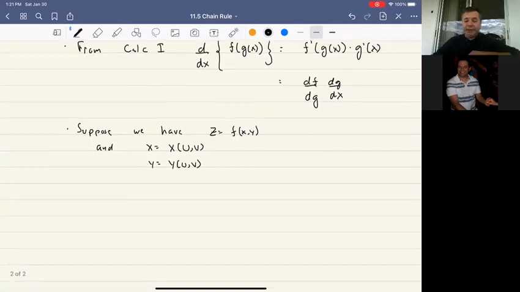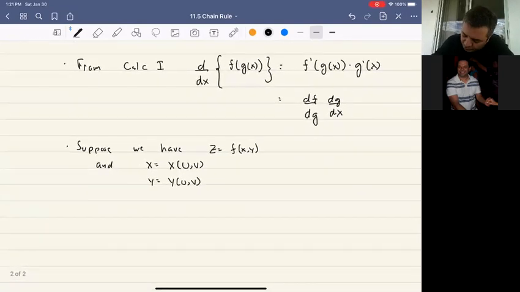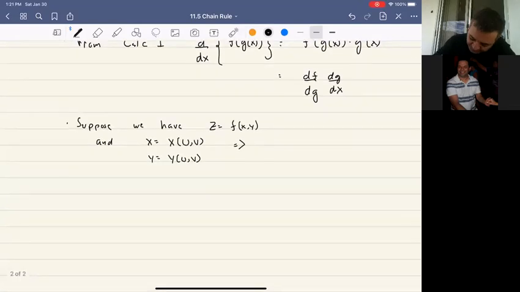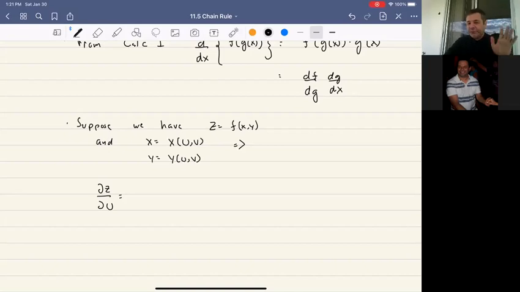Then we can take, for example, the partial of z with respect to u. Now, there are going to be all sorts of dependencies going on here.